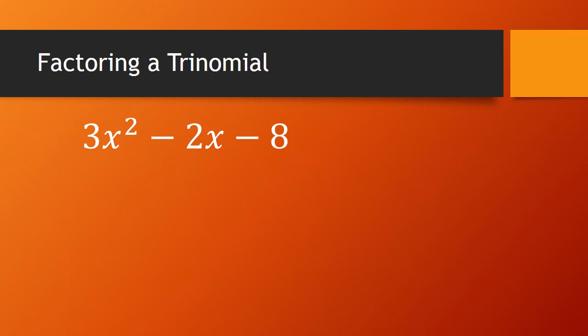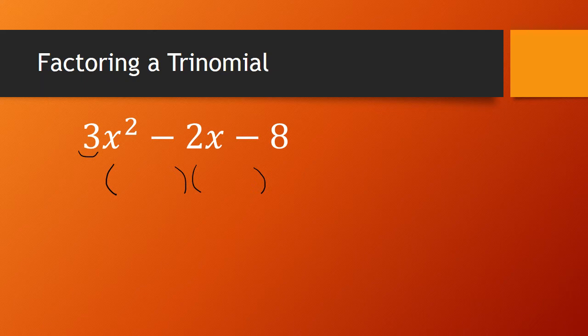Okay, let's take a look at this trinomial, 3x squared minus 2x minus 8. I'm trying to factor this trinomial to go from the standard form to the factored form. So I'm going to have to come up with two binomials that, when I multiply, give me this trinomial. In the first question, we found that the first number in the trinomial is the product of the first numbers in the binomials.